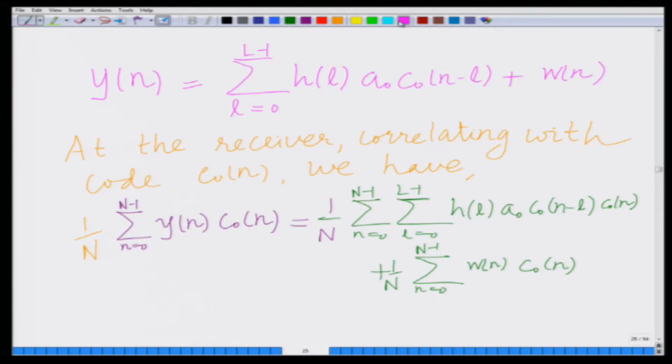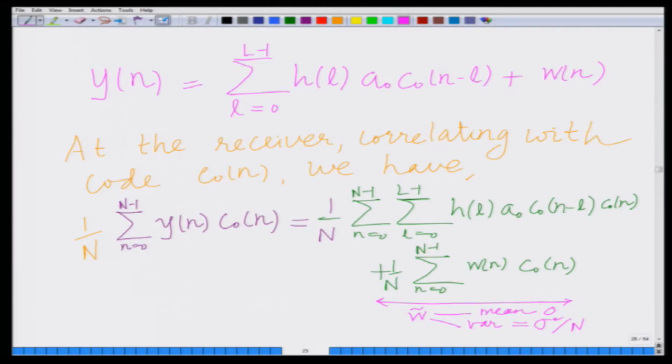And we have already seen this 1 over N summation W n C0 of n, this is noise W tilde which is Gaussian with mean 0 and variance equal to sigma square divided by N.